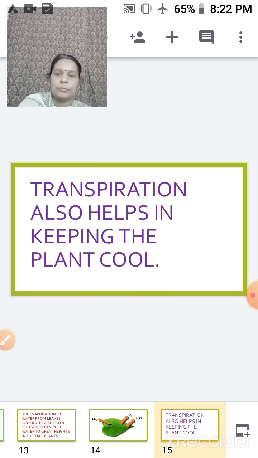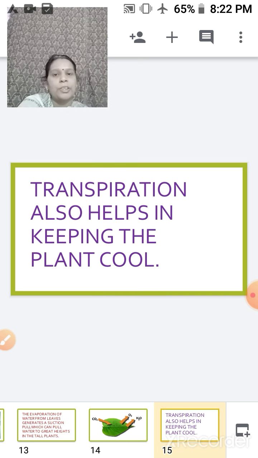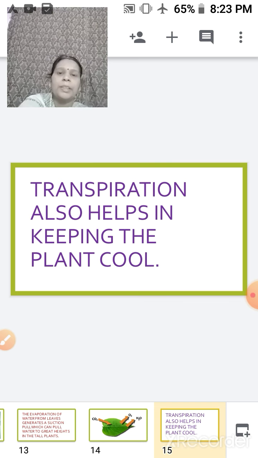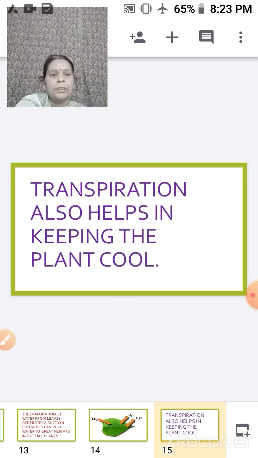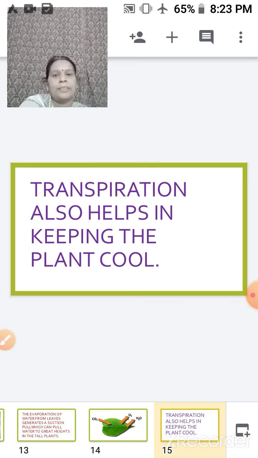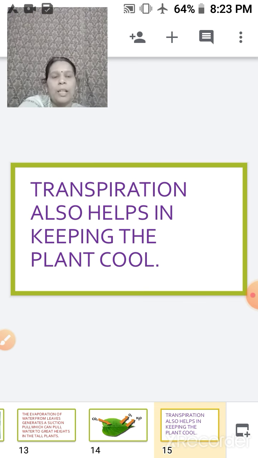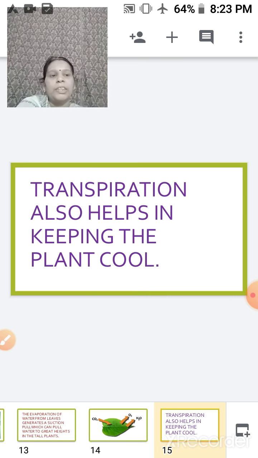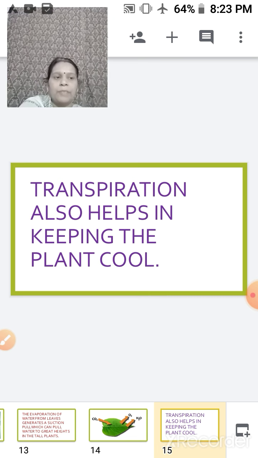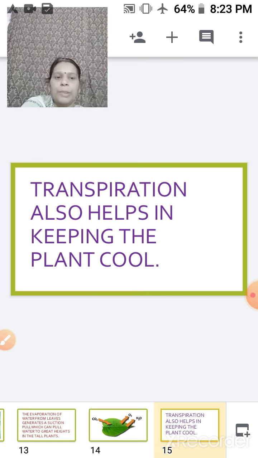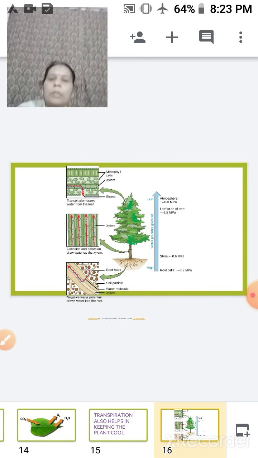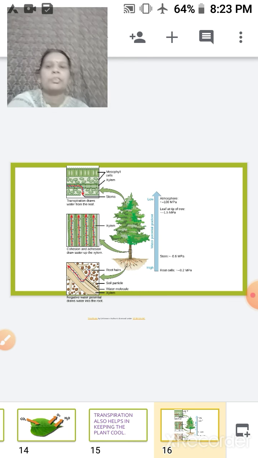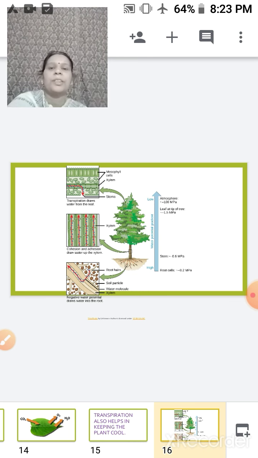Sometimes when the rate of transpiration is much more than the rate at which the root absorbs water, the plant loses this excess water and it results in the drooping of the leaves and flowers of the plant, and this is known as wilting. This wilting was not given in your book, children. It is just for your extra knowledge.